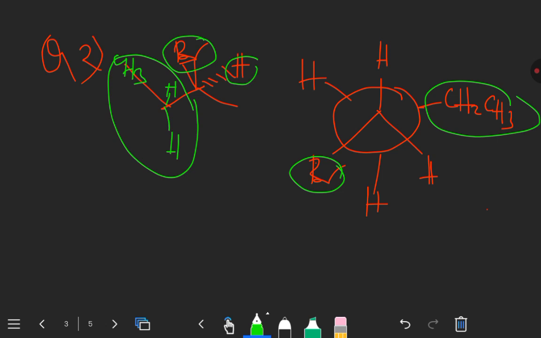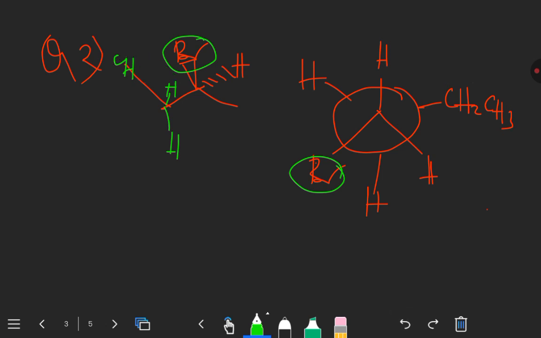Then how many hydrogens do we have? Here there is a methyl CH3. If you count the number of hydrogens remaining, 3 plus 1, they are 4. So there are these hydrogens 1, 2, 3, 4. So you can see that this is actually the same molecule, but it is just drawn with different connectivity. There is just a difference in the way these atoms are connected.